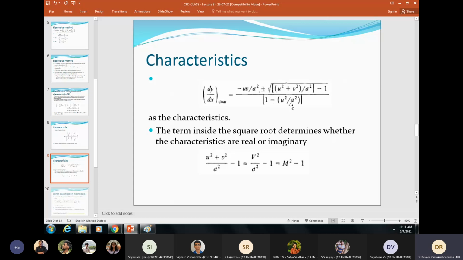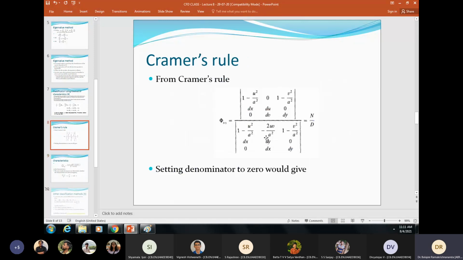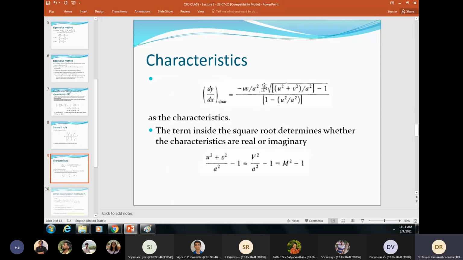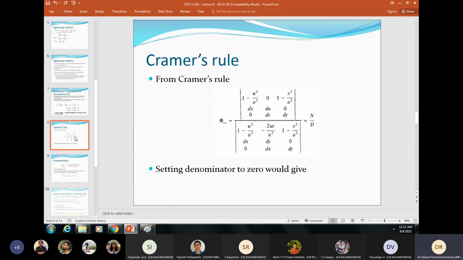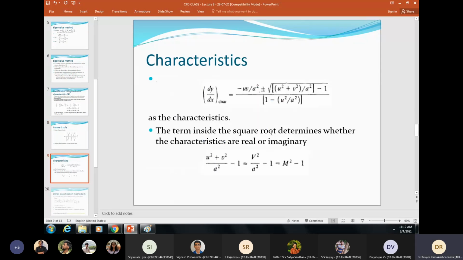Remember that when you set the denominator to 0 here, you'll get two solutions, plus or minus. You take a square root, you can have a plus root or minus root. So you will finally realize that two possible directions are there for this dy by dx.